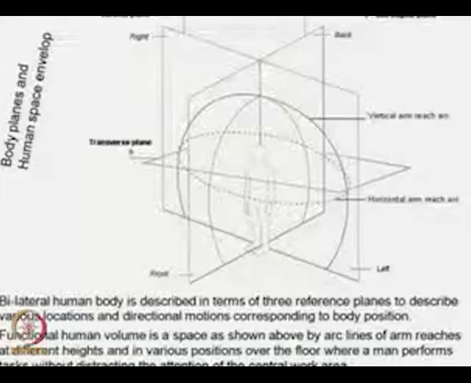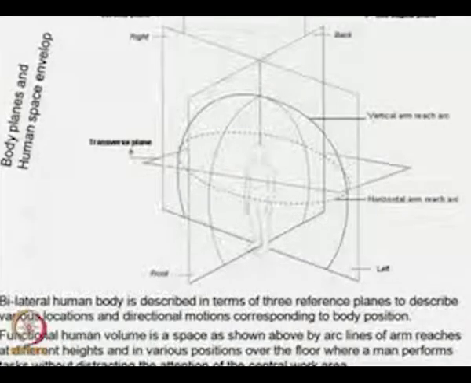Then what is the human body envelope, the workspace envelope? If a person stands here, this is the vertebral main axis, the central axis.